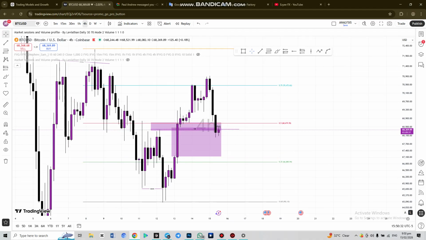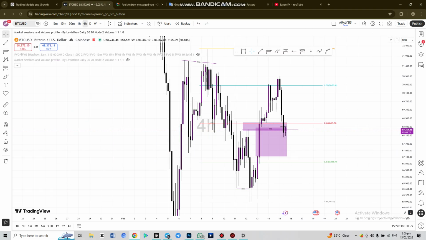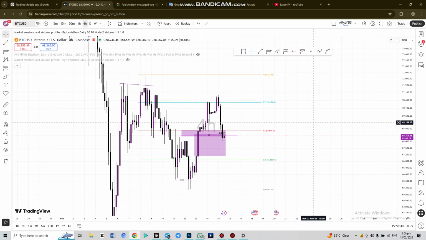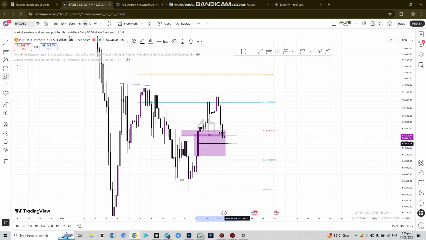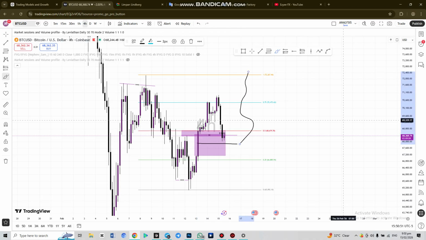Now this fair value gap falls under the discount level. On the discount level, I will be looking for a buy. So I'm expecting price to come to 50% of this fair value gap, then we buy higher. So this is what I have for BTC.